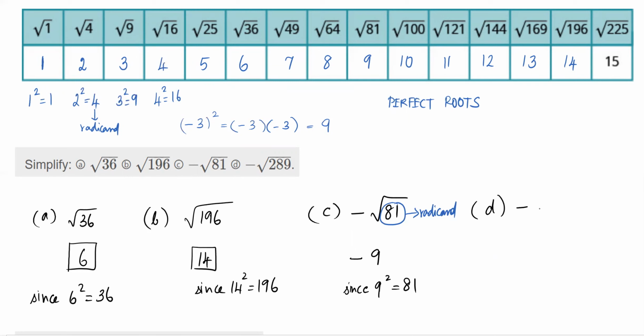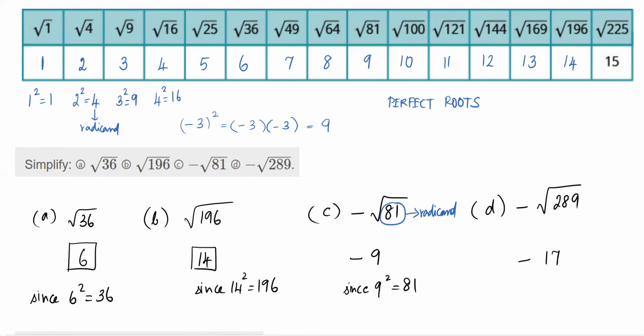So you could also see that part D requires the same kind of thinking. The negative is outside the radical, so I just keep it in the answer. And I'm asking myself, square root of 289. So what times itself will give me 289? Again, this is square root, so we are only multiplying it by itself.